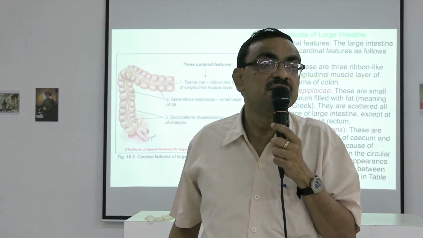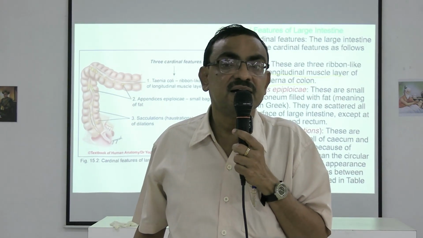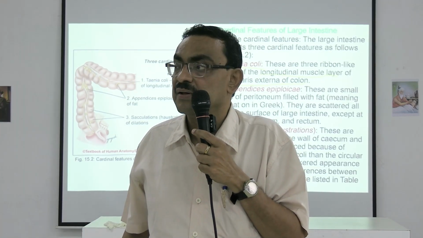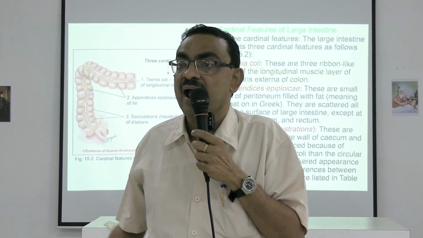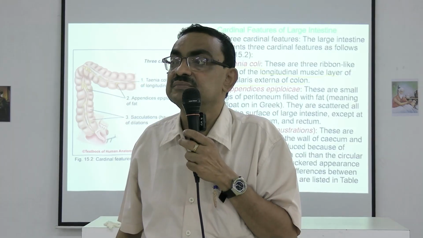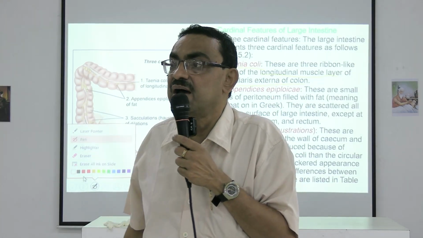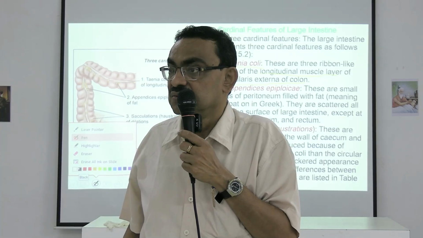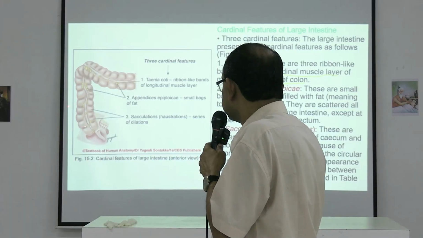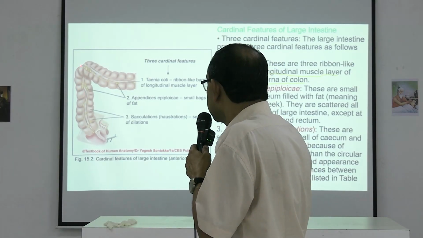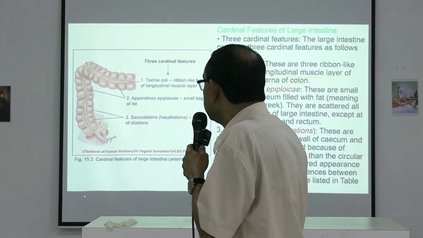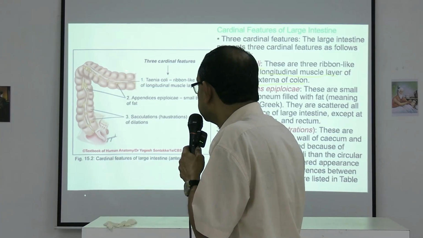The whole length of the large gut is only 1.5 meters. And the length of the taenia coli is shorter than the length of the whole gut.